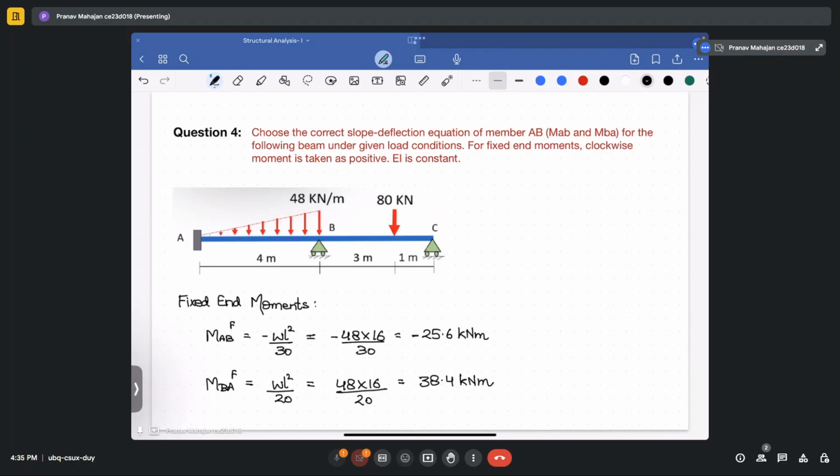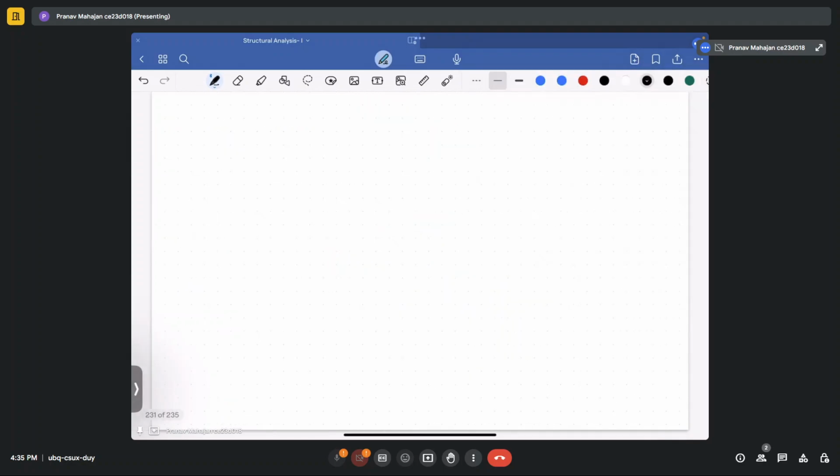Okay. So next is MBCF, that will be equal to minus PAB square upon L square, and this is MCBF. We can write it as minus P, in this case it will be A square B upon L square. This moment will be positive.